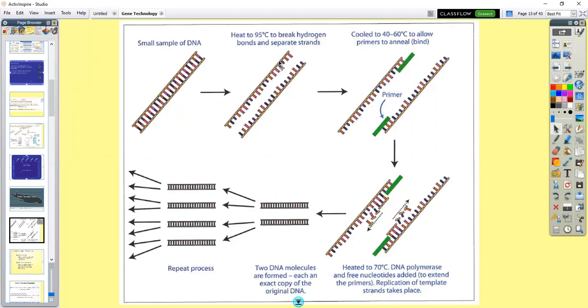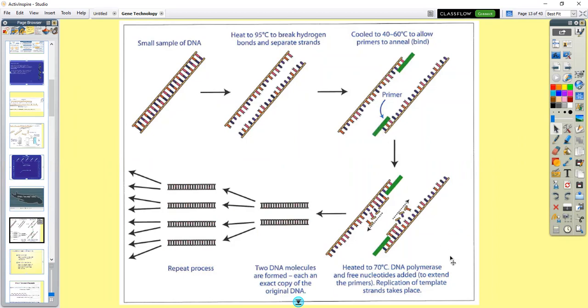The way that is done is you heat the DNA up first within your PCR machine, and that breaks down the hydrogen bonds between the bases, which makes it single-stranded. Then you cool it down to about 40 or 60 degrees. You add primers, or anneal primers, to it. That essentially shows where you want it copied from. So it's a sort of starting point.